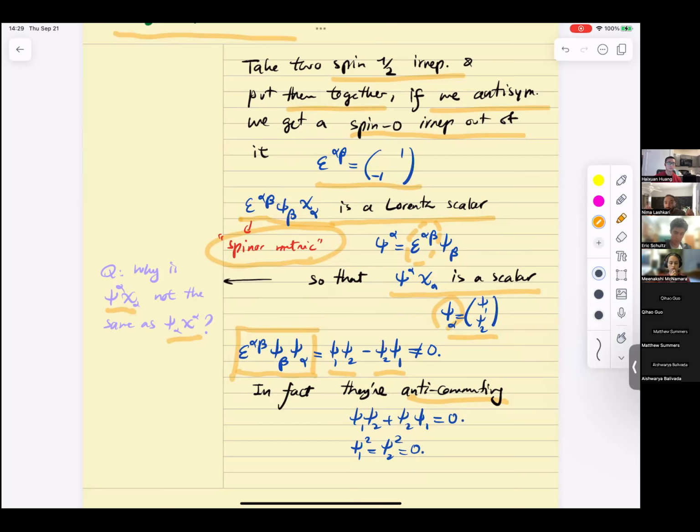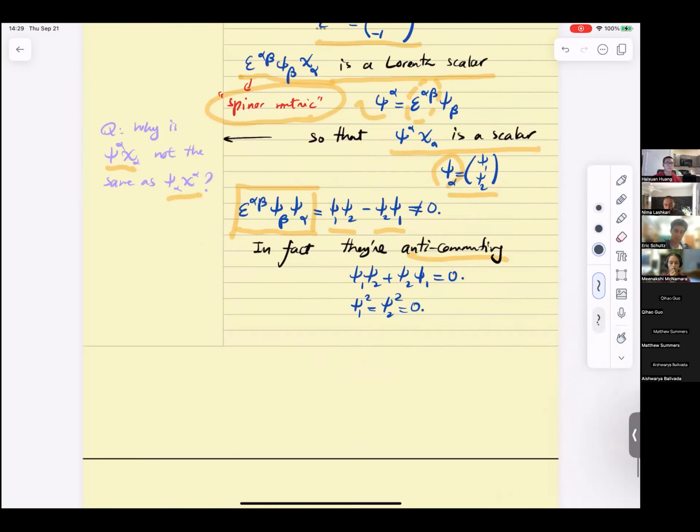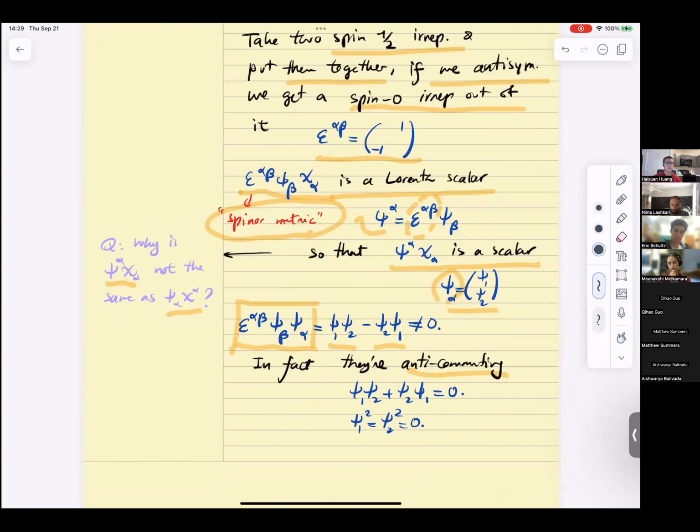But if you view it in terms of representations and two-dimensional vectors, and this epsilon thing, you're never going to get confused. All right. Any questions?